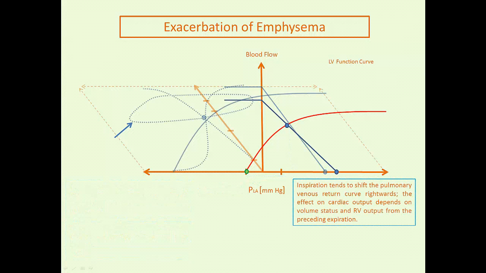Importantly, inspiration tends to shift the pulmonary venous return curve rightwards relative to the left ventricular cardiac function curve. And again, this is highly dependent upon the patient and the lung volume status. If the lung is boggy and full of West Zone 3, then you may shift this curve much more to the right and actually bolus the left heart to a much greater extent.